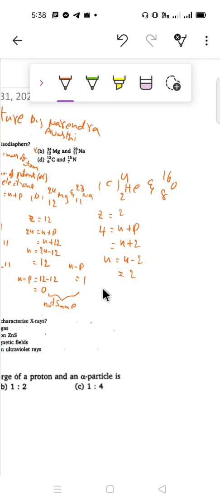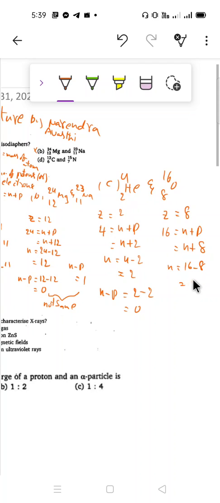Then N minus P is 2 minus 2, which is 0. For oxygen, Z is equal to 8, and 16 is equal to N plus P. Protons are 8, so N is equal to 16 minus 8, which is 8.